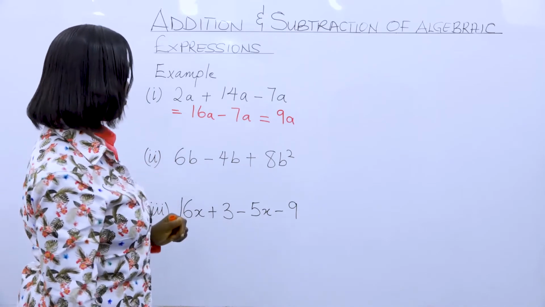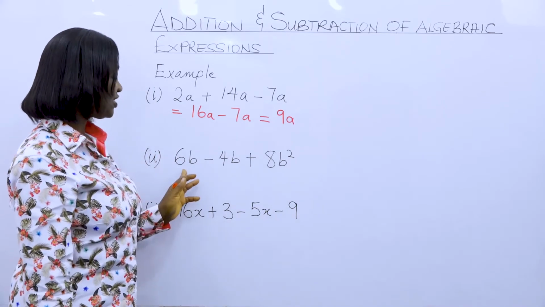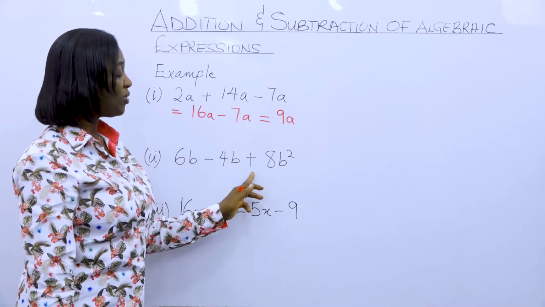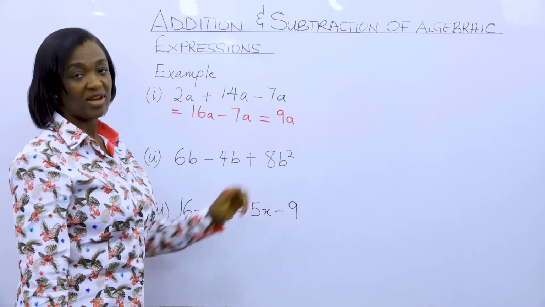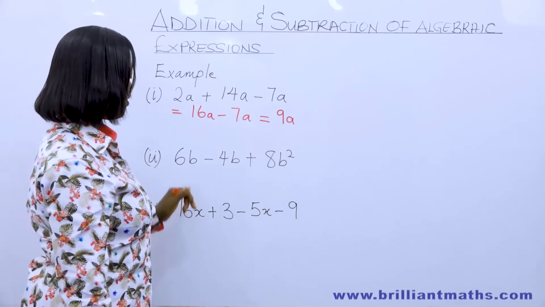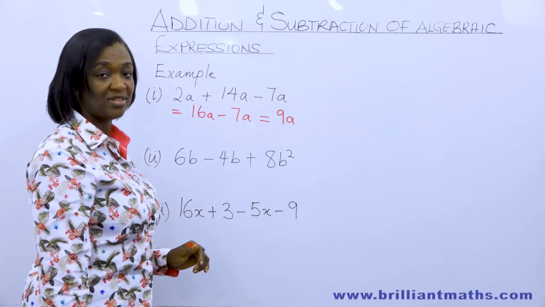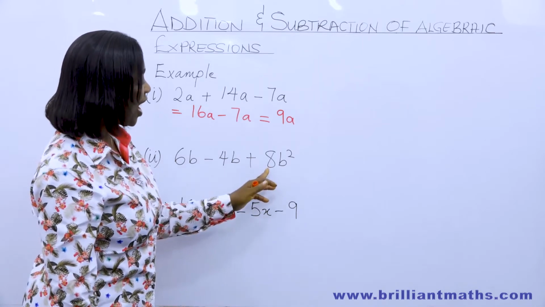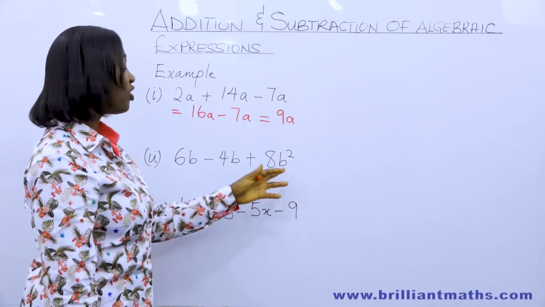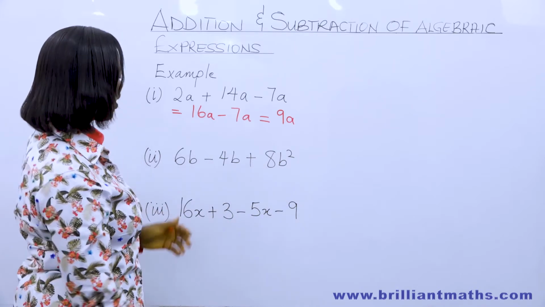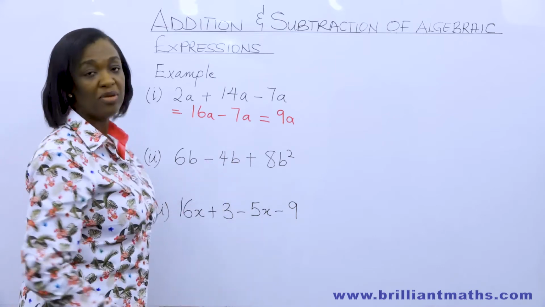In the second example, we have 6b minus 4b plus 8b squared. 6b and 4b are like terms, but 8b squared is an unlike term. It's not like 6b and 4b. So we can work with 6b and 4b.